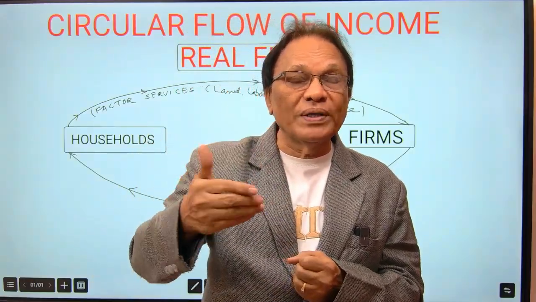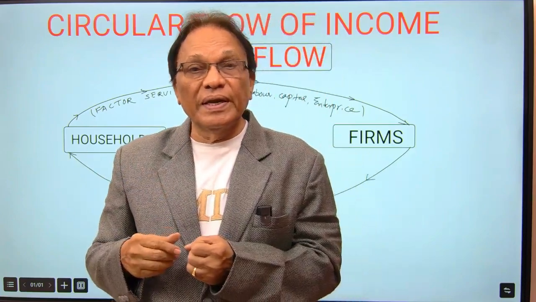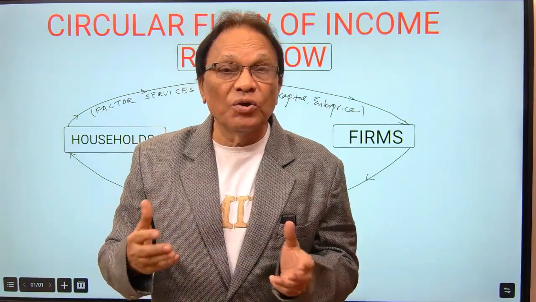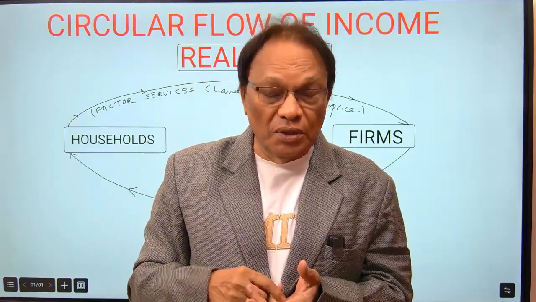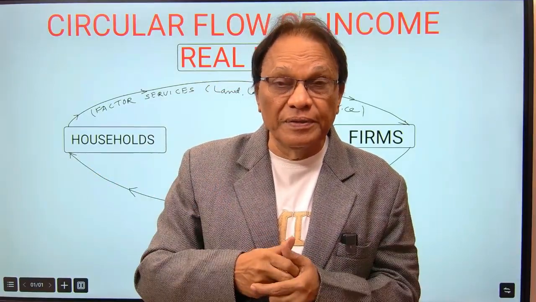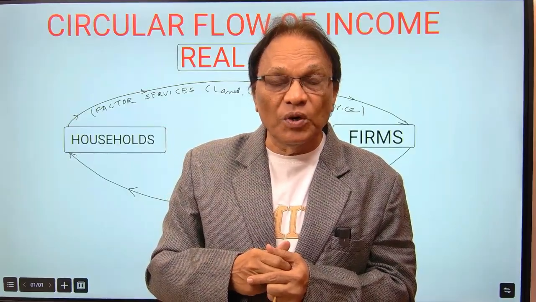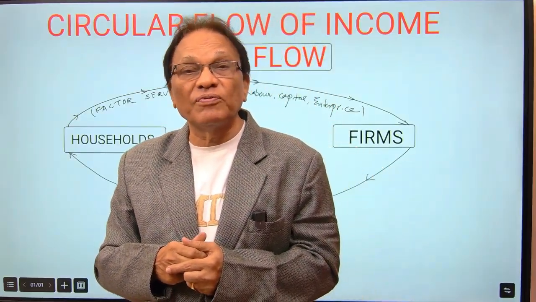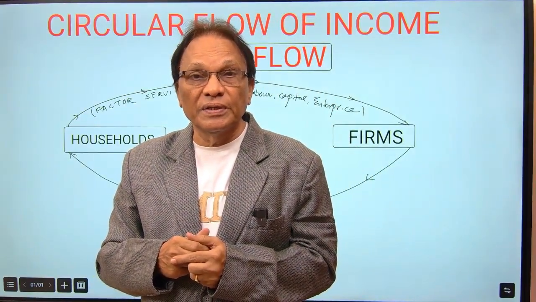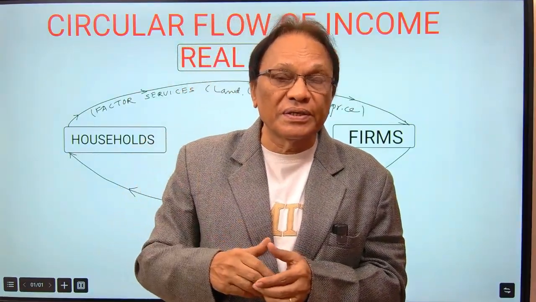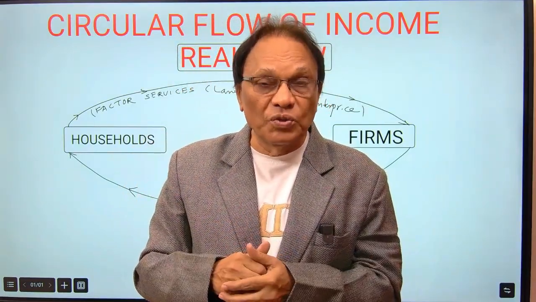Instead of 1000 rupees, the landlord gives you maybe 10 kilograms of rice or 20 kilograms of wheat. That is real flow, in terms of goods and services, from one sector to the other.